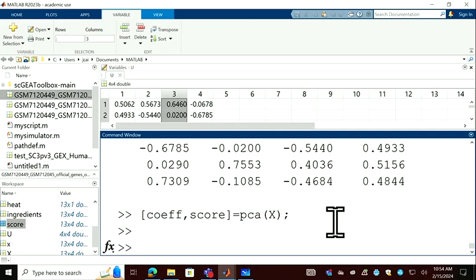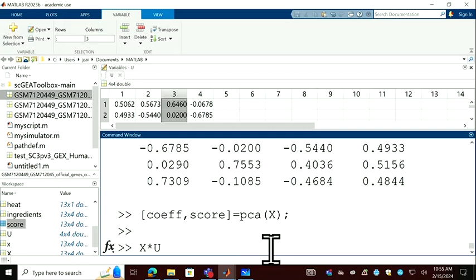What we did is to use X2 times U, okay? We use our own computed rotation matrix to rotate the original data. You get the score, but inside the PCA function it is doing the same. If you need the score, you can have it. If you don't, I just gave you the rotation matrix.